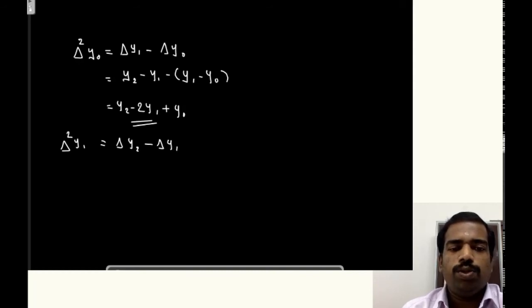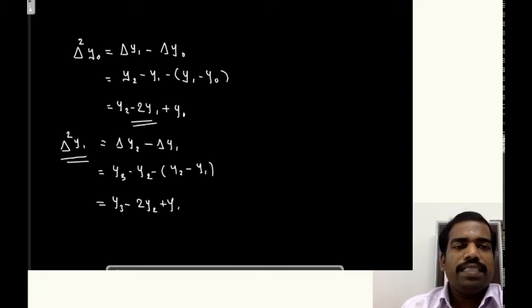What is delta y2? y3 minus y2, minus of, what is delta y1? y2 minus y1. So the answer is y3 minus 2y2 plus y1. So this is the value of delta square y1.